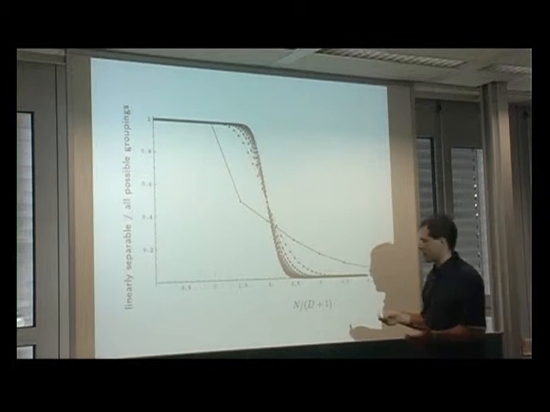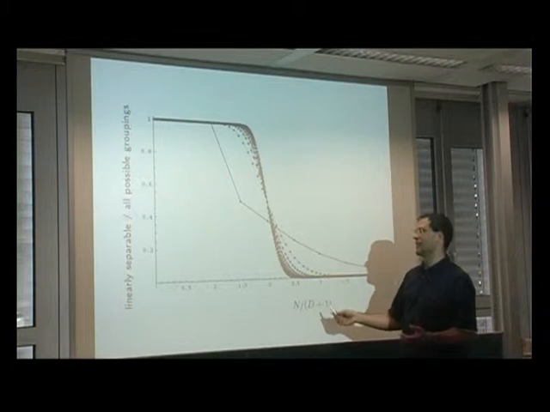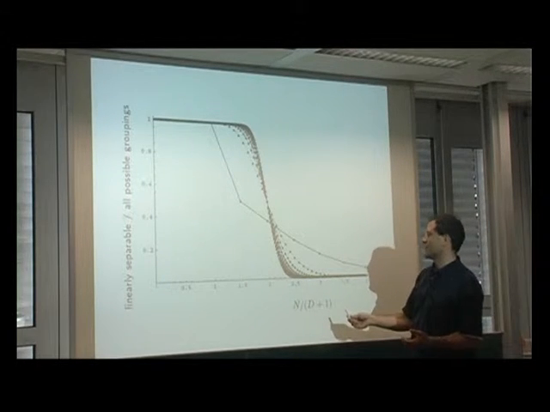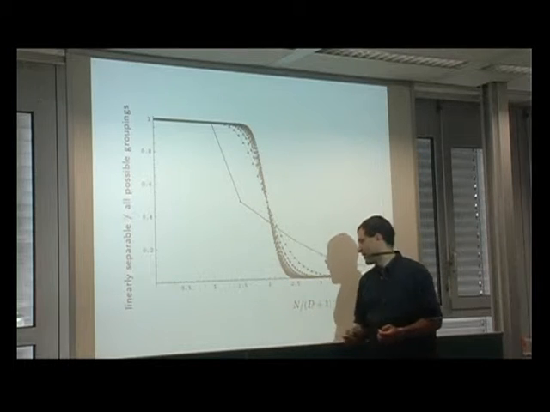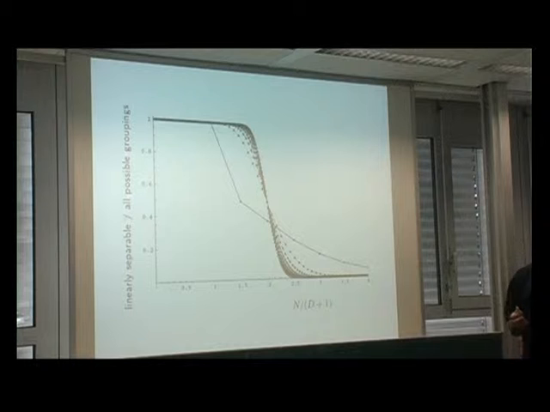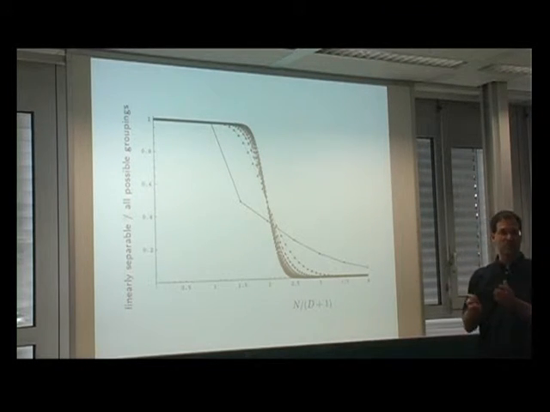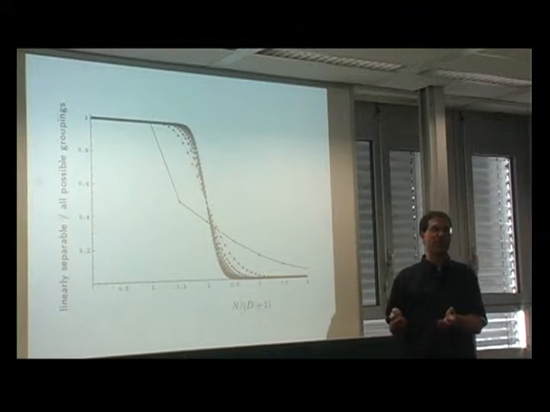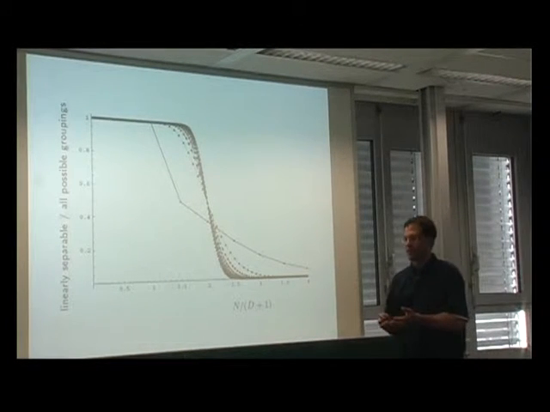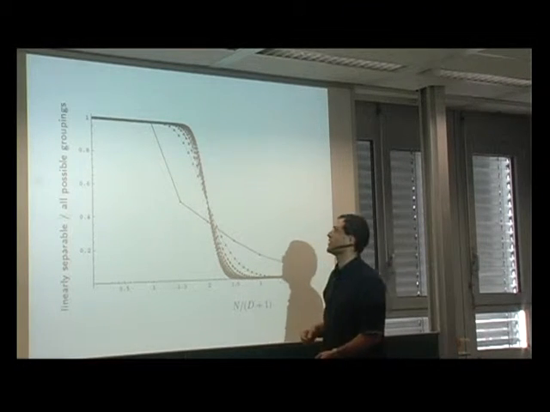So to make things concrete, let's say you have 199 dimensions, and you have, let's say, 390 observations. Then you can assign class 1 or class 2 in all these possible ways to your 390 observations, and almost all of these assignments are going to be linearly separable with a decision surface.